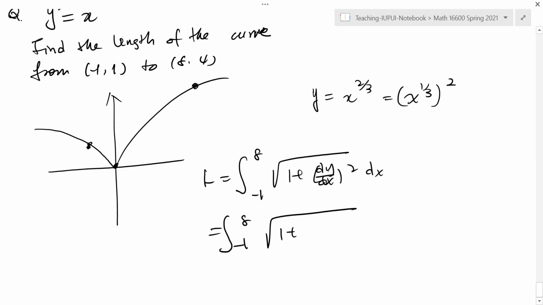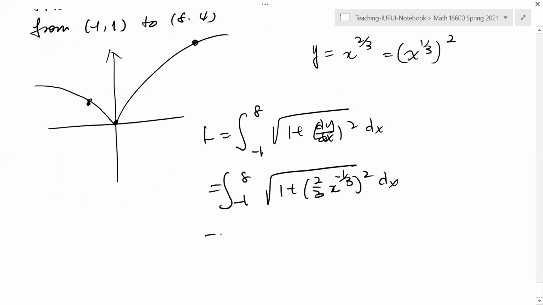When you differentiate y with respect to x, I get 2/3 x to the -1/3, squared. Then there's a single point where it's undefined.